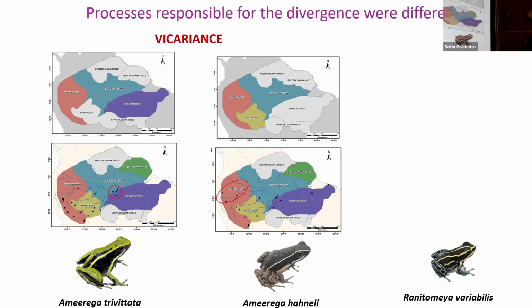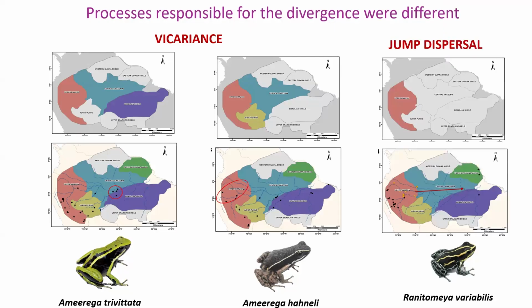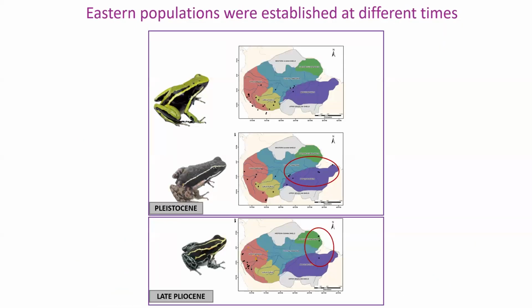However, for Ranitomea variabilis, what we recovered was a very restricted ancestor that made its way all the way to the east. Also, all of these species have eastern populations. However, the timing of when these populations were established was different.